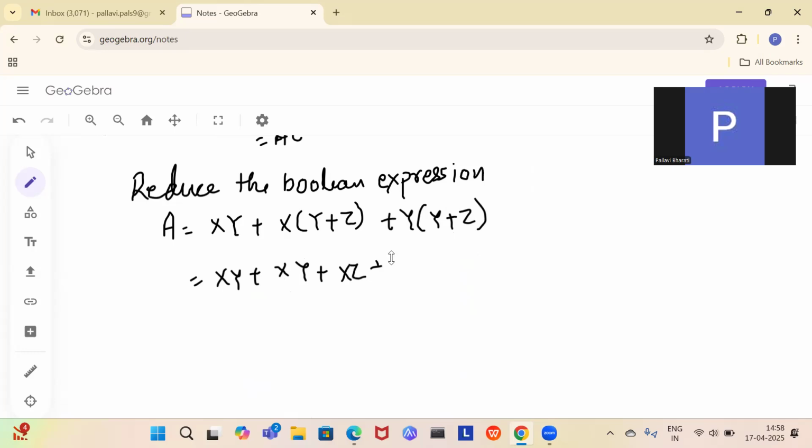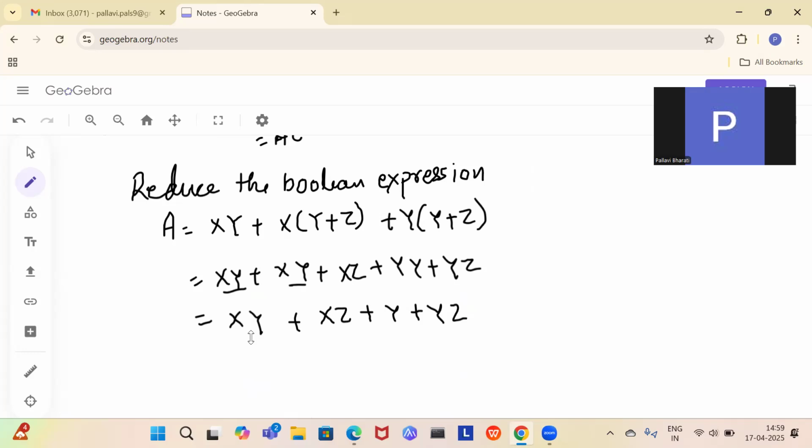Y into y will give you y only, but let us write it first and then yz. So this is the two same thing. A plus A, that is going to give you A only, or you can say xy plus xy will give you xy. Here xz, this will give you y itself, and this is yz.